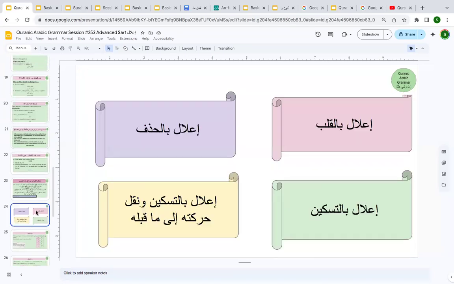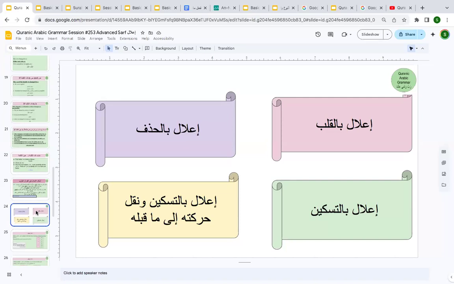Now, since we are focusing on I'lal, our weak letters for the advanced sarf, I'm going to go over I'lal in detail in this session. So are you all ready? I'lal is a change that your weak letter will undergo for takhfif, for ease.